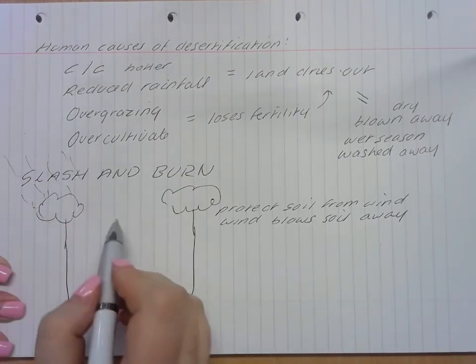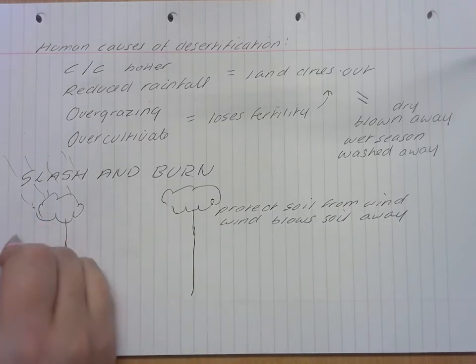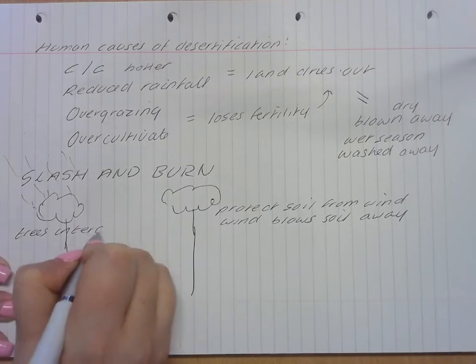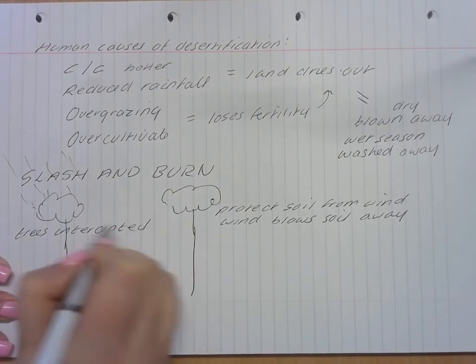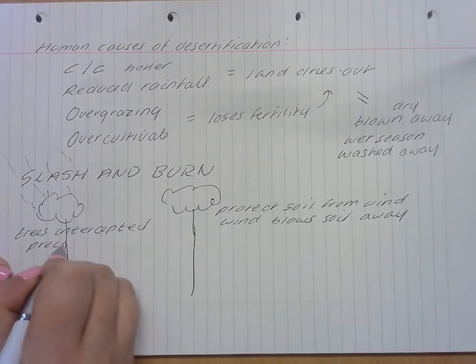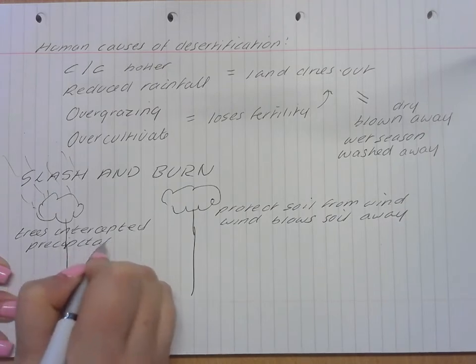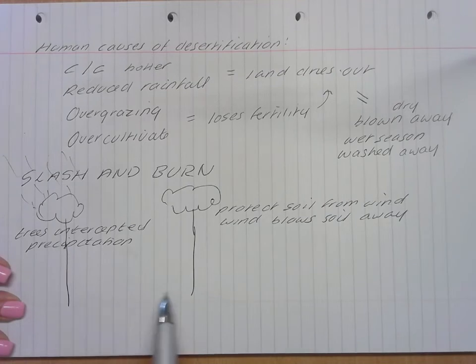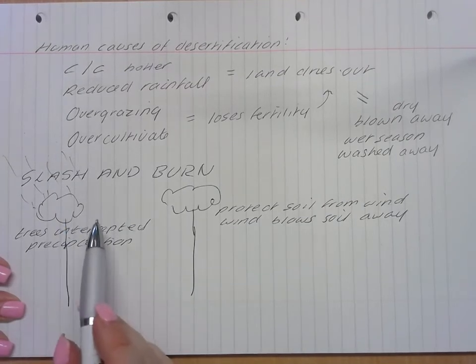precipitation, the trees intercepted precipitation. That meant that heavy rainfall in wet season wasn't hitting the soil dead on. It was getting intercepted first.